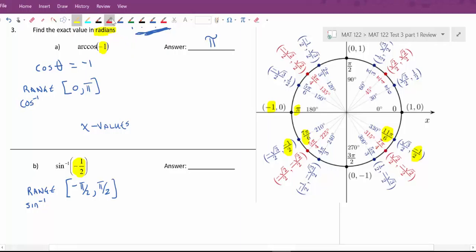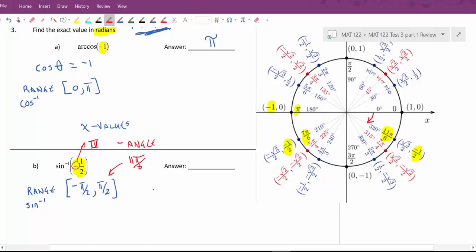So the most common wrong answer I get from students is 11 pi/6. That's wrong because it's bigger than pi/2. It falls outside of that range. So what you have to do is look at the reference angle. Since you're doing an inverse sine of a negative, that puts you in quadrant 4 because of the range, but then you have to give a negative angle.